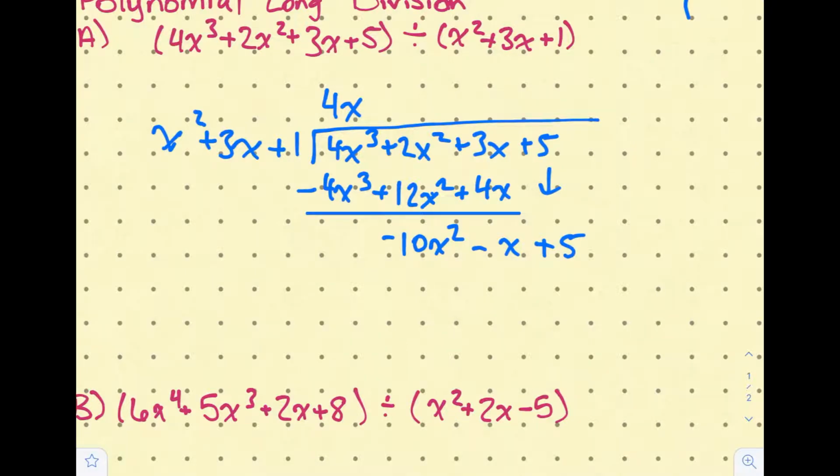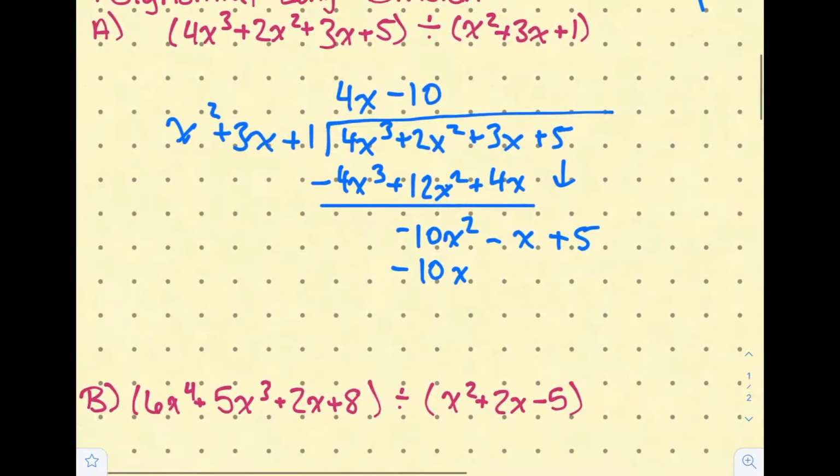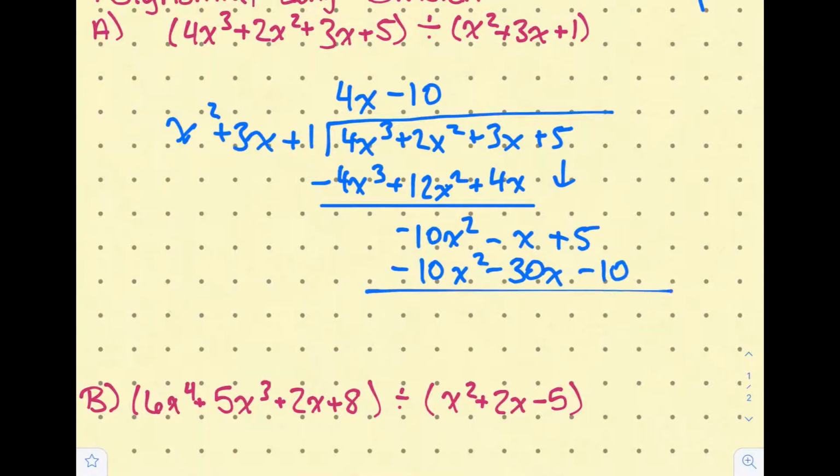And now our process repeats. I need to get the x squared to match negative 10x squared. X squared goes into negative 10x squared negative 10 times. So I will multiply the whole divisor by negative 10. And then subtract down.